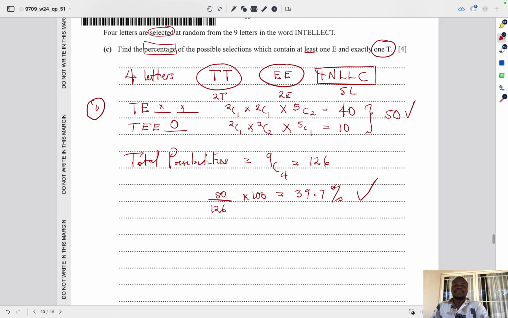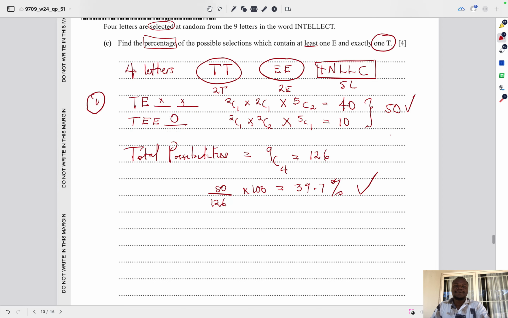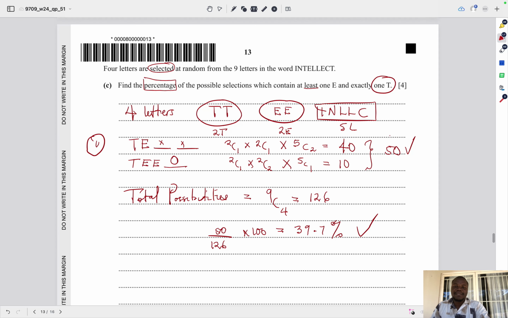So guys, this is a revision video on the 3 topics that we chose, which is binomial and geometric distribution. Then we looked at probability and permutation and combination. Please look out for the next revision video that focuses on other parts of the paper.